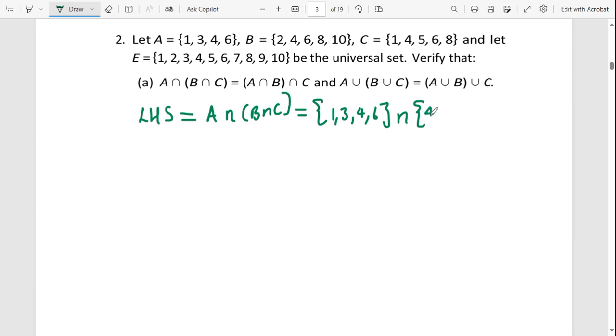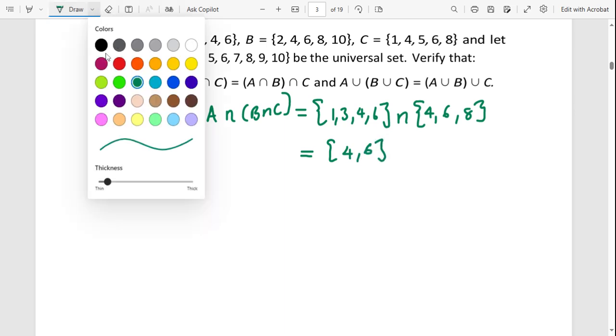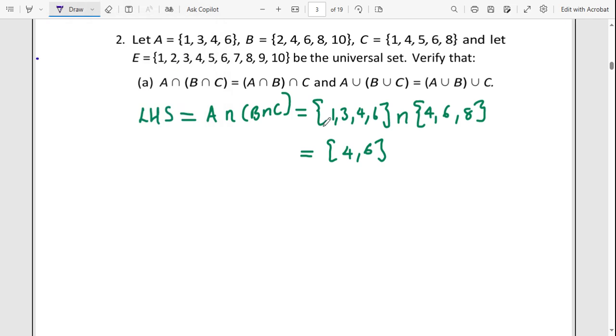A 4 is common, right? A 6 is common. 8 is common. Okay. So that is that. And then where these two sets are intersecting, that is what? A 4, right? And 6. Okay. So that is the first part. Remember, this is the set A, this is the set B intersection C.